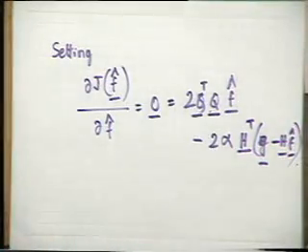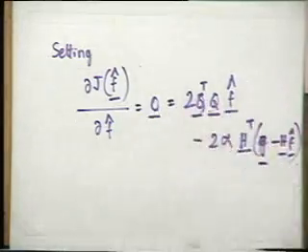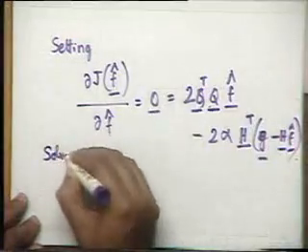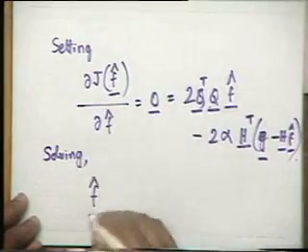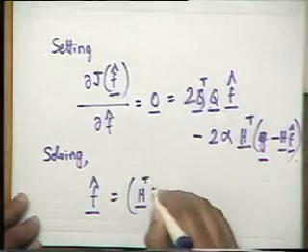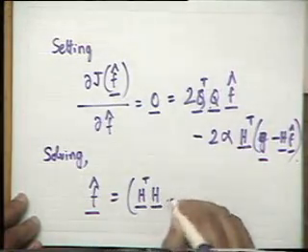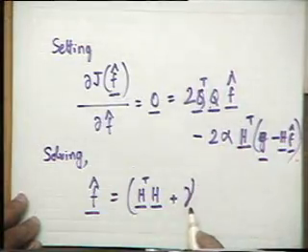Alright, this is what we are getting, and from this equation we can solve for f hat under the minimized case, and look what f hat we get. So by solving the above, we get f hat equals H transpose H plus another constant gamma.